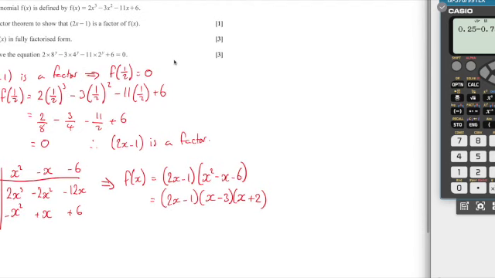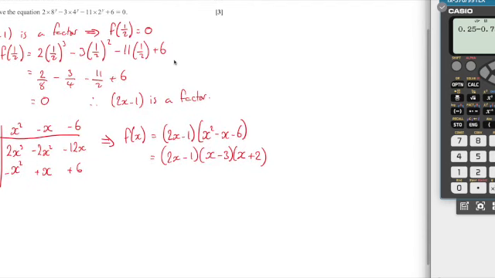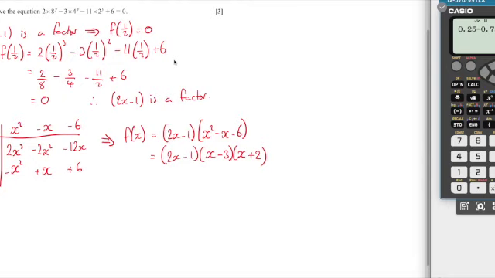It's a pretty awkward hence bit, but we need to use a bit of intuition here. If it says hence, we are going to use something similar to what we've already had. We have already played about with the equation 2x cubed minus 3x squared minus 11x plus 6.